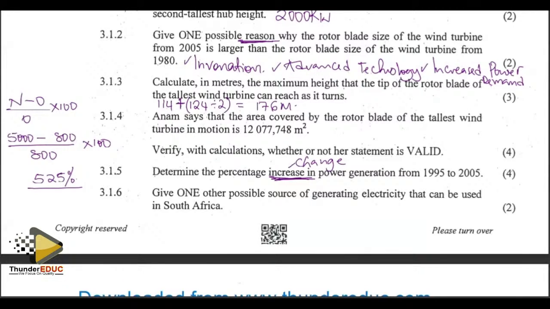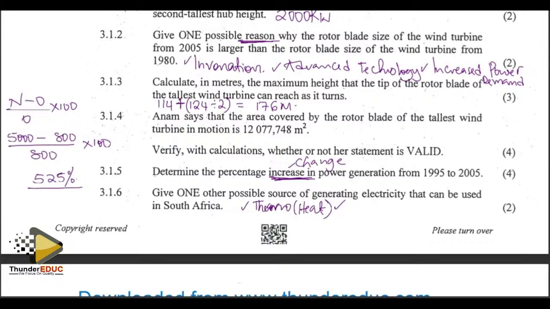3.1.6. Give one other possible source of generating electricity. One, someone can talk of thermal. Thermal we use heat. They burn rubbish and it produces electricity. This is used in Pakistan and Indonesia.